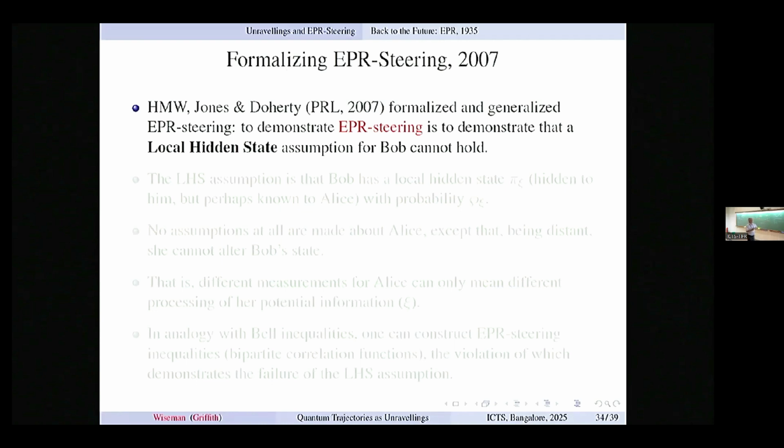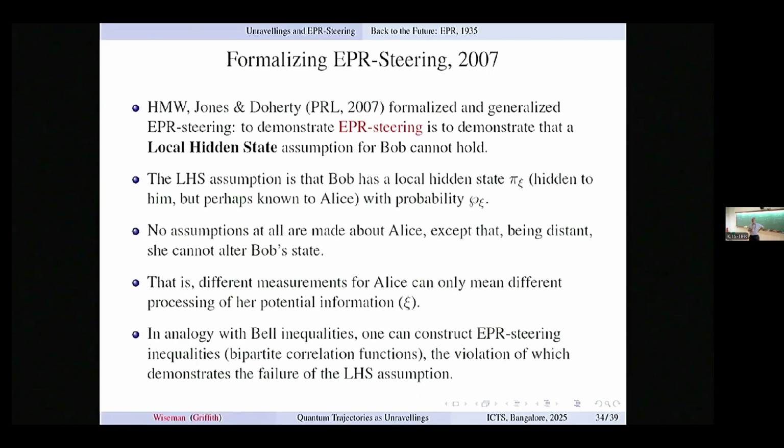So the way we formalized this in 2007 was to say that demonstrating EPR steering is demonstrating that what we call the local hidden state assumption for Bob cannot hold. The local hidden state assumption is just that Bob really has some state. I'm writing it as a projector pi.